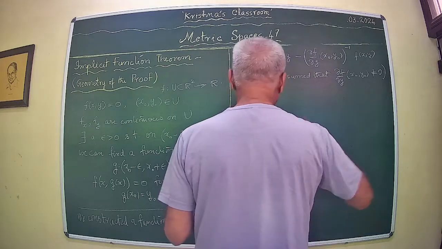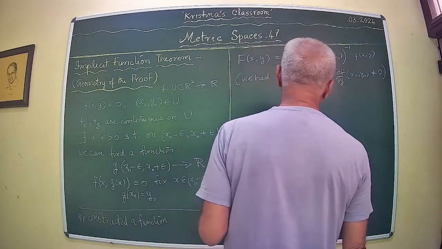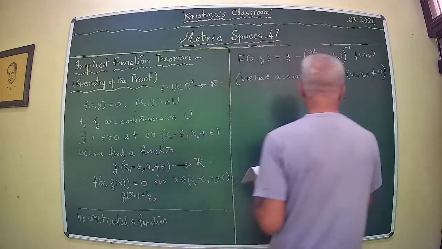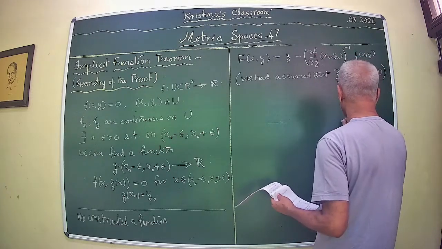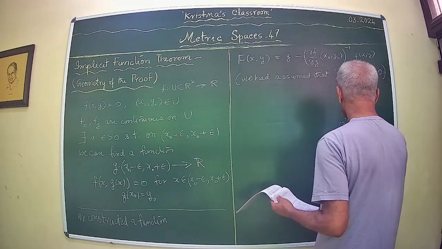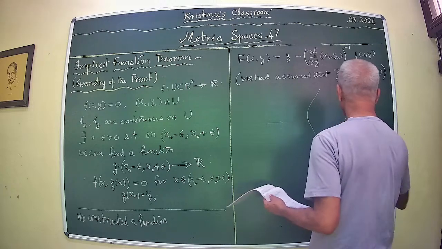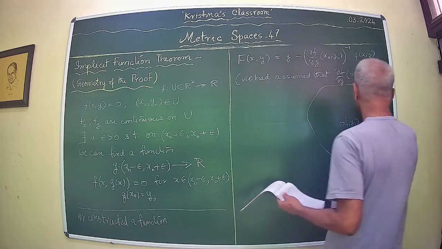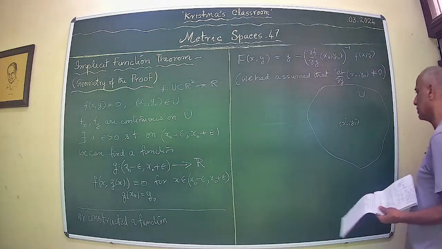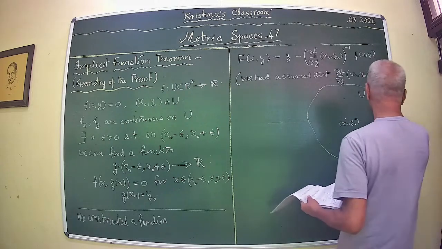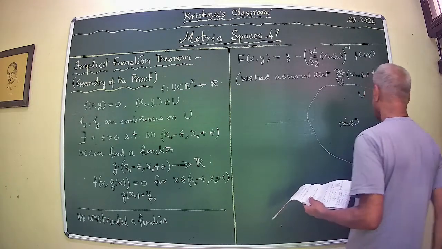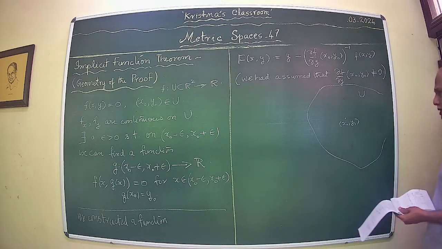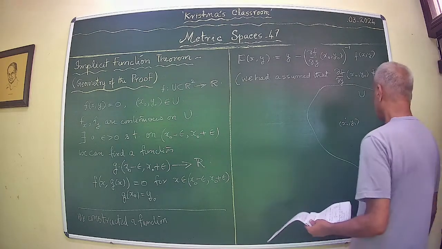Then of course we did some work. So the problem is something like this. You have this x0, y0. This is your U. U need not be bounded, it can be unbounded. I'll just draw some part of this. It need not be the whole of R2.